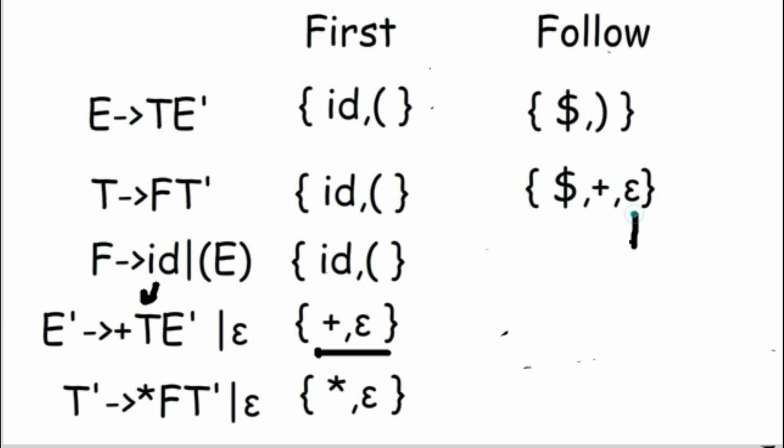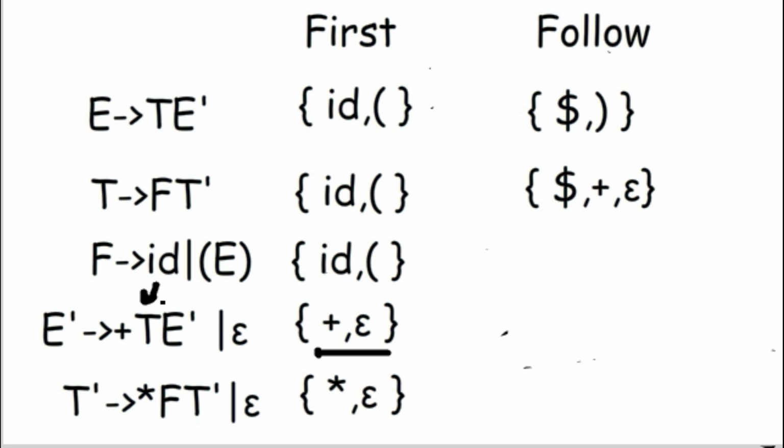But we know that we cannot include an epsilon symbol in the follow. So what do we have to do? In this case, if you look at this, we cannot include the epsilon symbol.